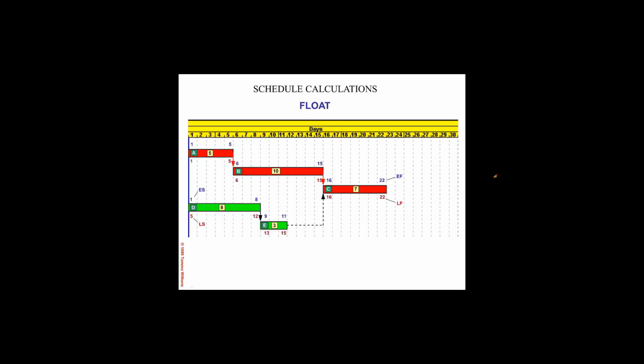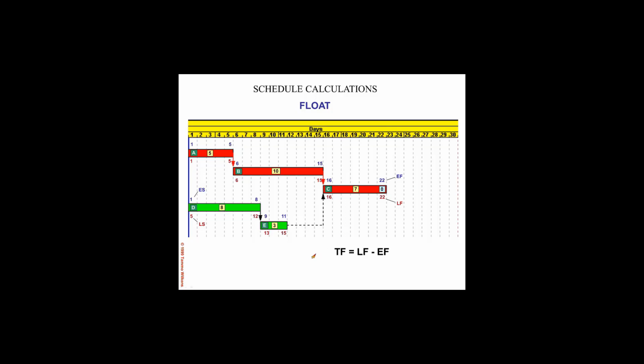And now let us take a look at the float calculations. Total float is equal to late finish minus early finish. So you see all the late dates on the bottom in red and the early dates on the top of the bars in blue. So the total float for activity C would be the late finish 22 minus the early finish 22, and that would be 0.